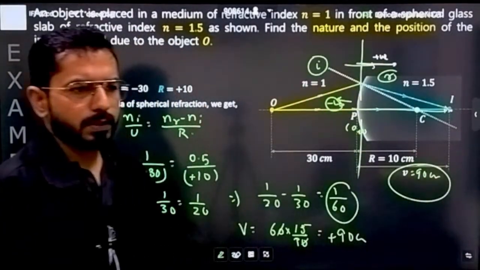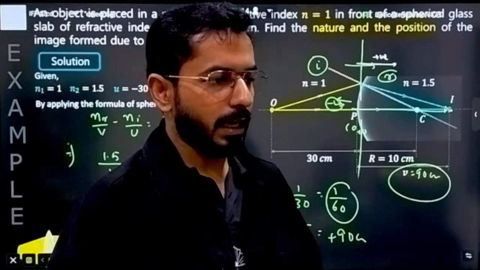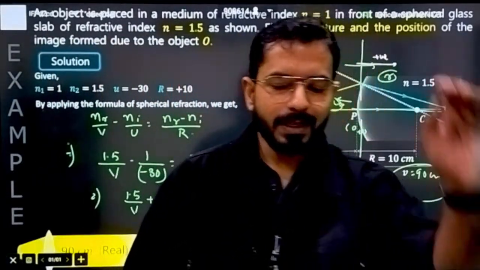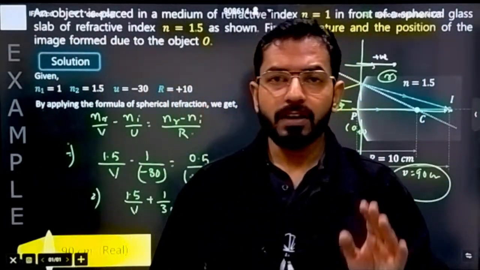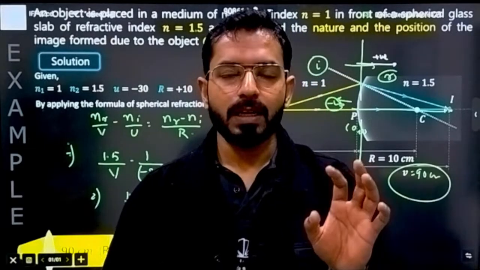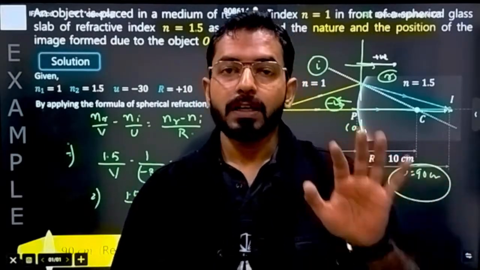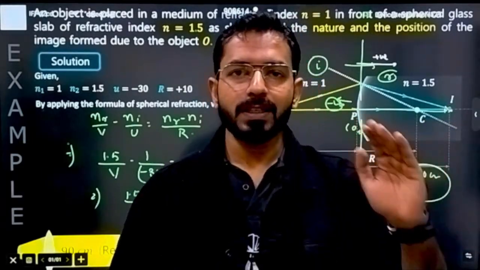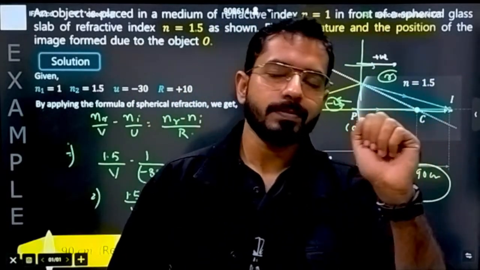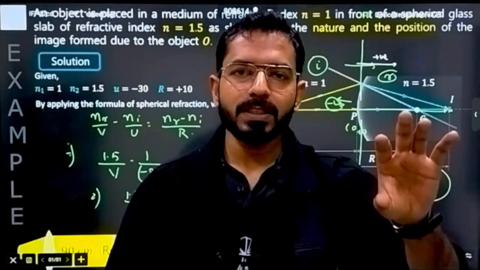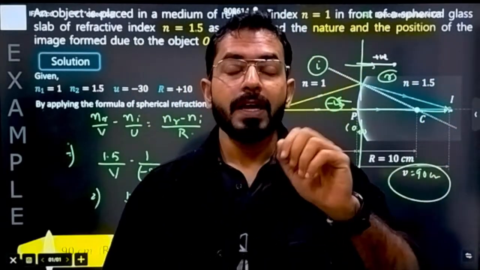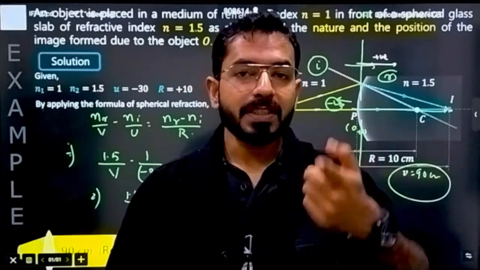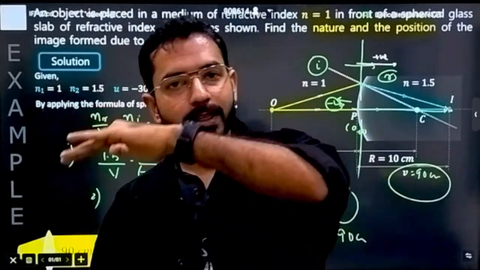Now tell me, will it be real or virtual? I've told you, and again I am repeating the same thing: in case of reflection, if the object is real and the image has to form real, they have to be on the same side, because reflection is the pattern of light which comes back on the same side. So for a real object, if you want a real image, it should be on the same side. But refraction is a pattern which transmits the light into the other medium.